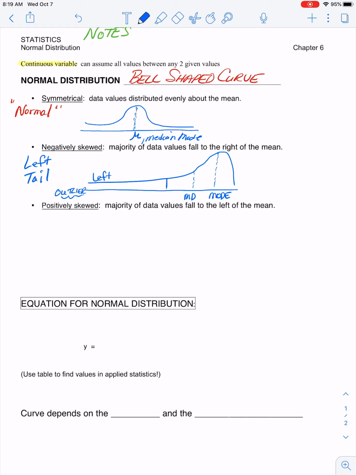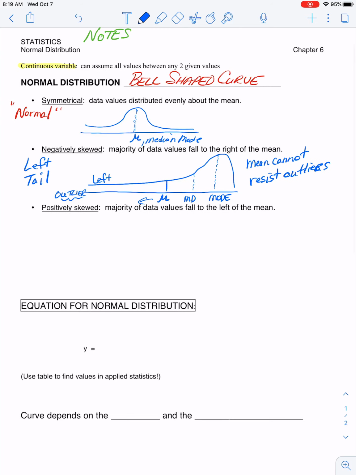And then your mean is going to be on the left side of the mode and the median, because that mean cannot resist the outlier. It's going to chase it out to the end. So it's going to be further down here to the left side.